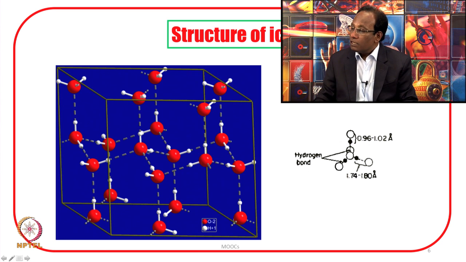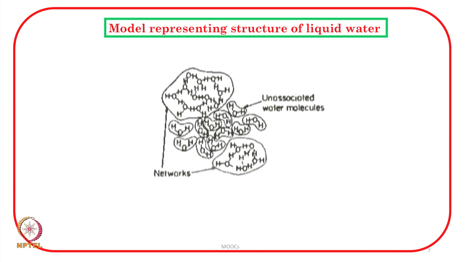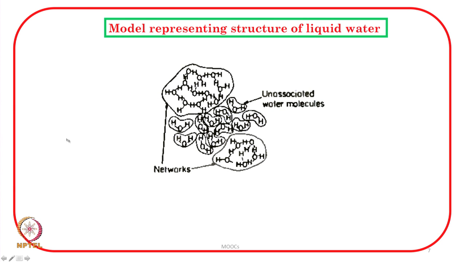What happens is, some of these water molecules can break away from these hydrogen bonds and enter the interstitial spaces. What I am saying is, some of these water molecules will break away from this regular tetrahedral network structure and enter the interstitial spaces, and the structure of liquid water is going to be like this.